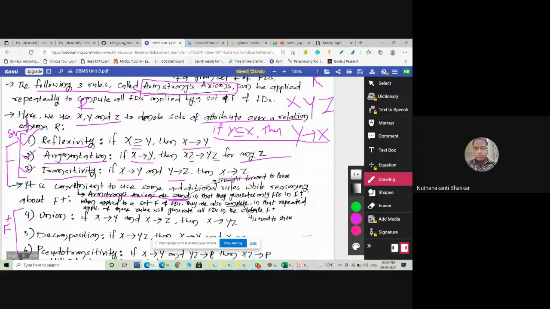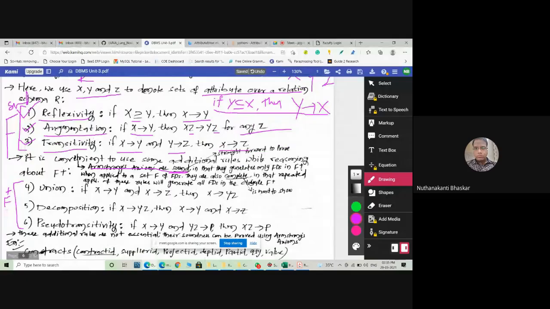If the reference is F, the representation is F. Based on these three rules, we derive another three rules. These rules are the closure set of functional dependencies, and the representation of this closure set is F plus. Are you clear now? Yes, sir.